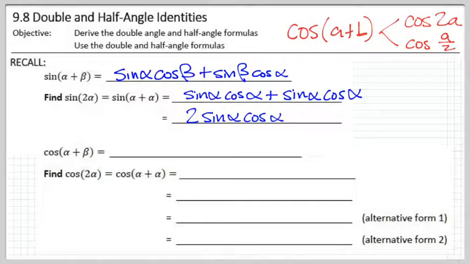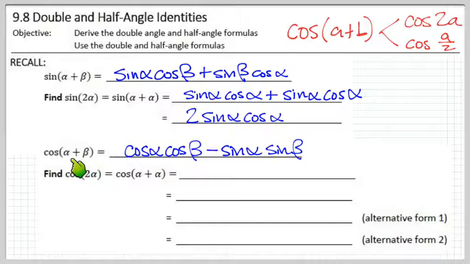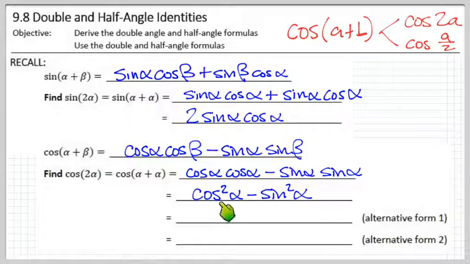Similarly, we do a similar kind of thing with the cosine, and here's the cosine identity. The sum of cosine of alpha plus beta is this. Instead, we're going to treat cosine 2 alpha as cosine alpha plus alpha and plug that into this. We get the following. That gives us cosine squared alpha minus sine squared alpha.